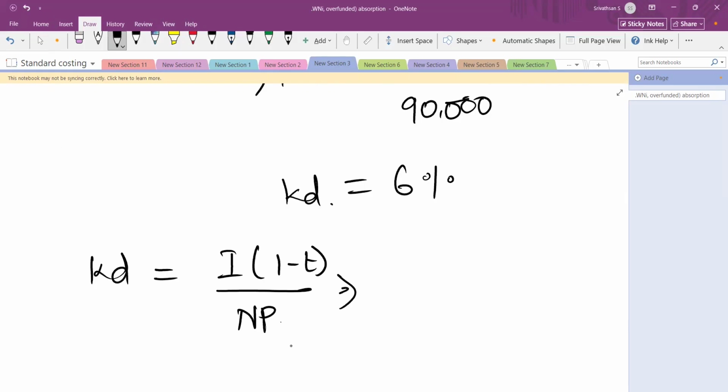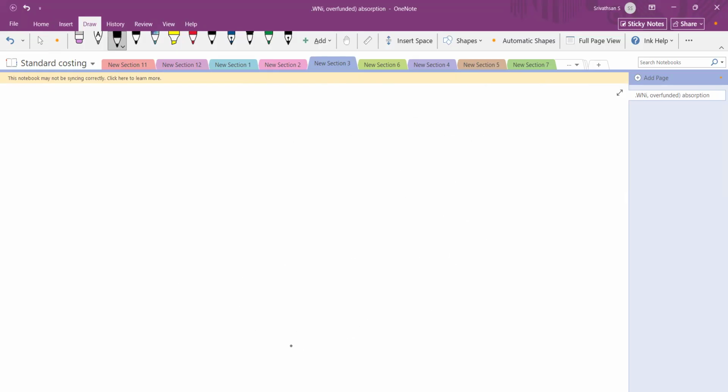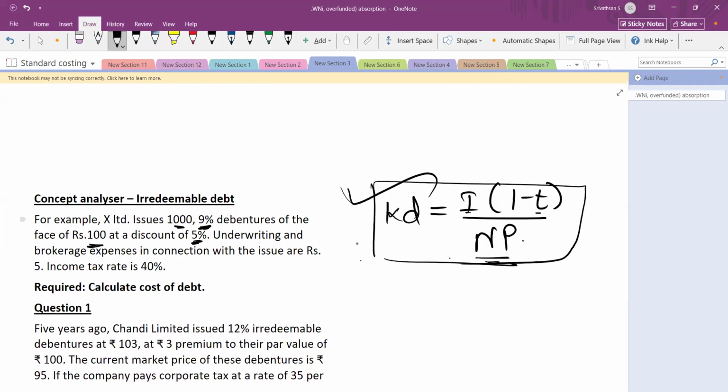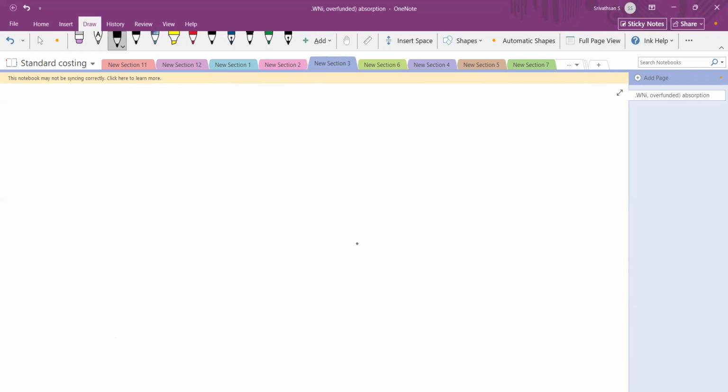Let's take the value of one debenture. What is the face value of one debenture? In the question it is mentioned that face value of one debenture is 100. What is the coupon rate? It is 9%. So what is the amount of interest that the debenture holders are going to receive for one debenture? Apply coupon rate on 100 rupees, we get 9. So the amount of interest is 9.